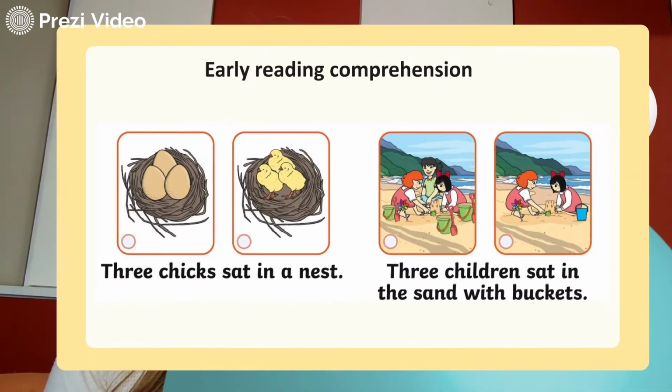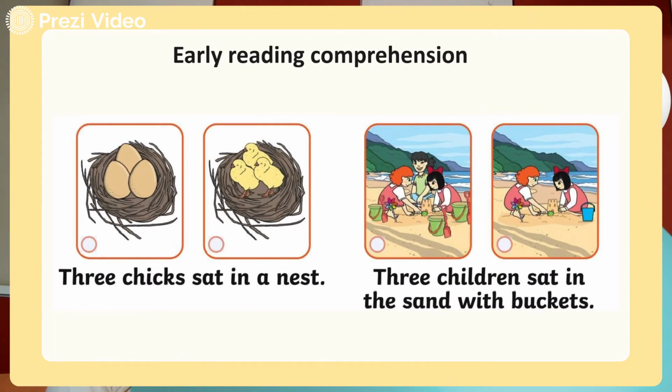And again, reading is fundamental, so ensure that your child is able to understand or comprehend what they are seeing, as well as reading at this stage. So if you look at the first visual, 3 chicks sat in a nest.